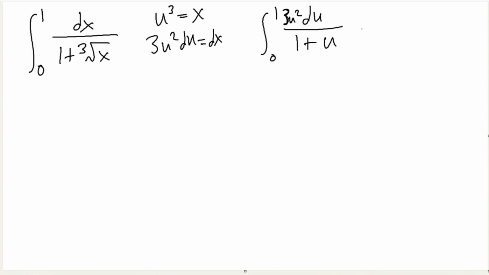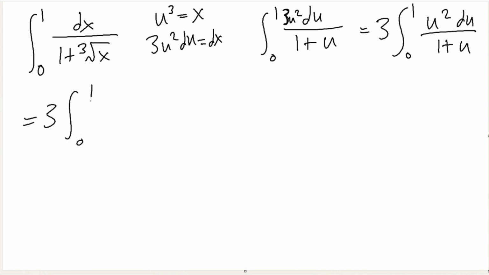If you remember, this is pretty much polynomial division. We divide by 1 plus u, so we subtract, and it'll be u minus 1 plus 1 over 1 plus u. To easily see that, let me put this in a different color.